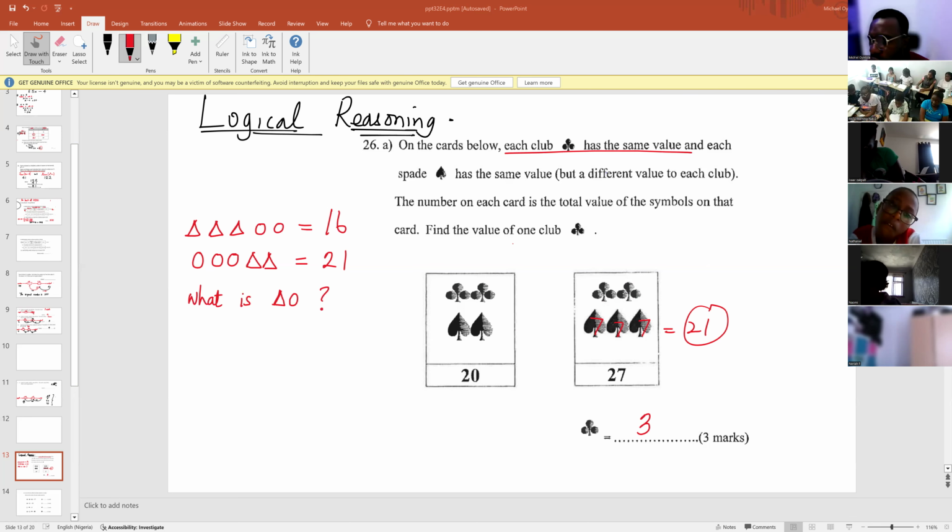Trisha, you will work out the question later. But what value is triangle and what value is circle? Oh, that's simple.